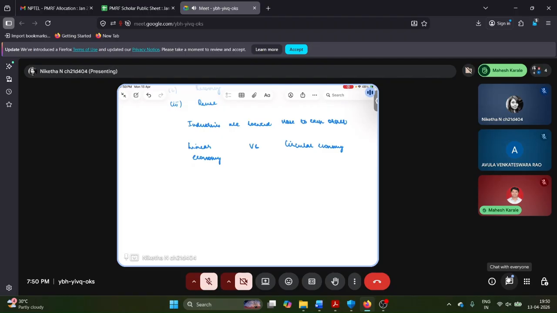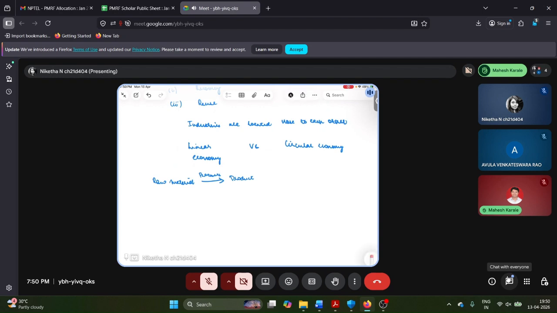So linear economy is where you have some raw material which undergoes some industrial process, and then it is converted into a product.